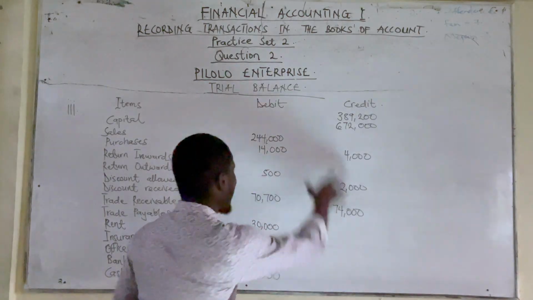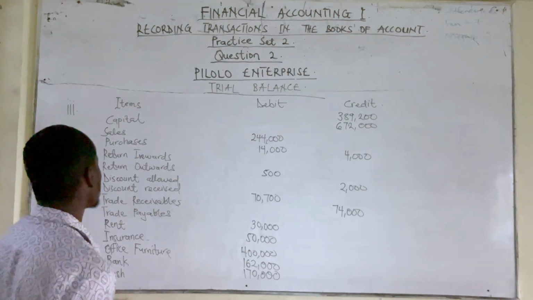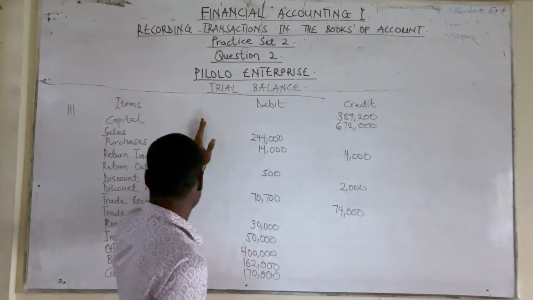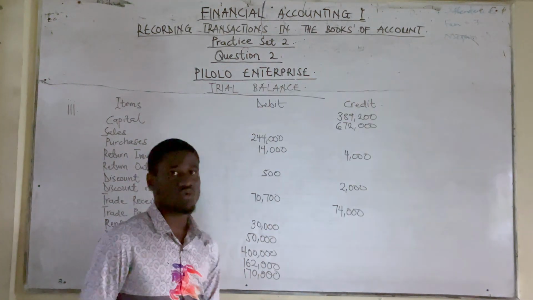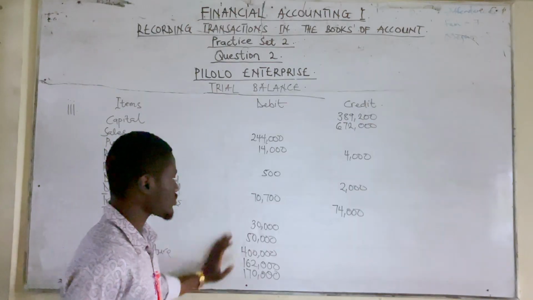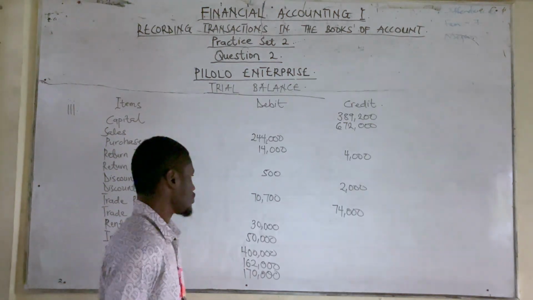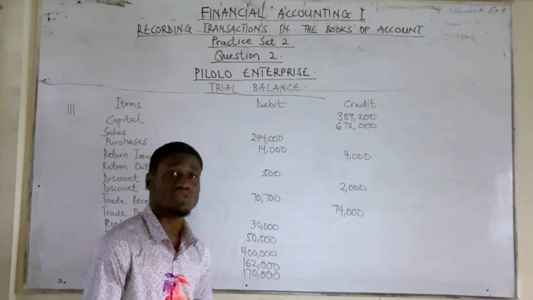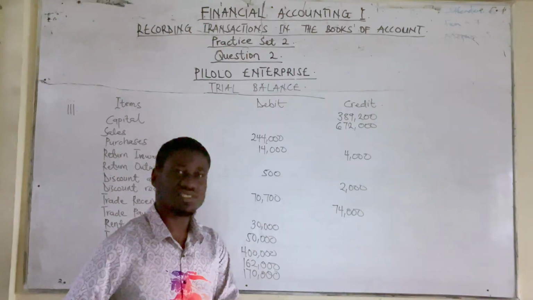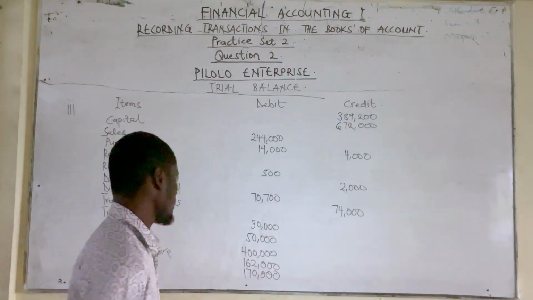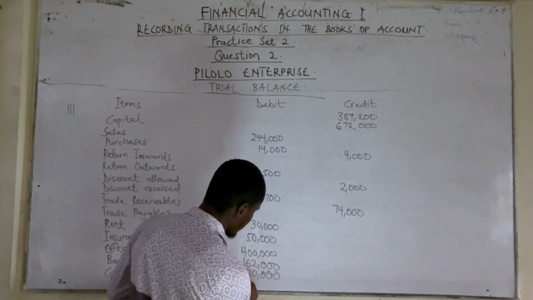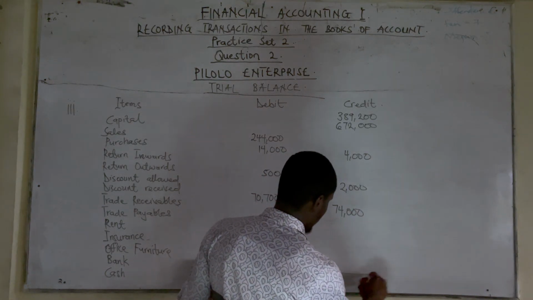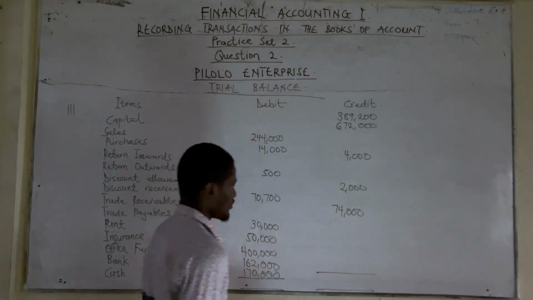So these were the accounts involved in this question. Every account or item here was in the question, and we've dealt with all the accounts. Normally, these are the items we use to prepare the profit and loss statement and statement of financial position. So now we are going to total the trial balance.